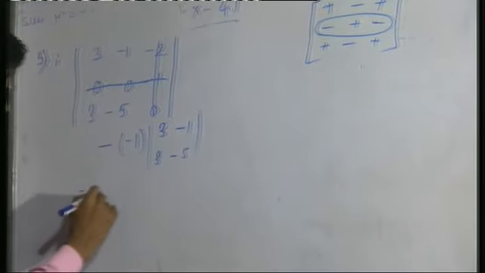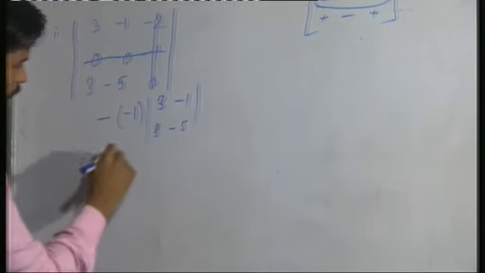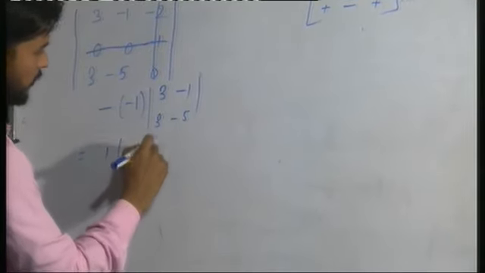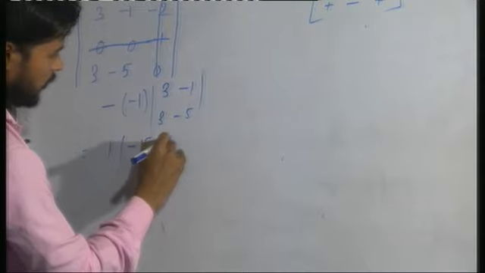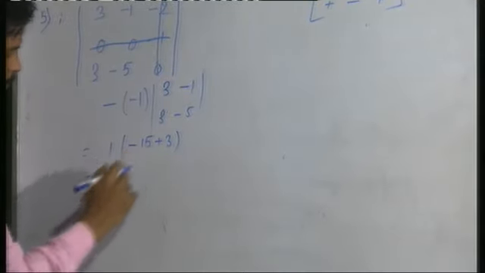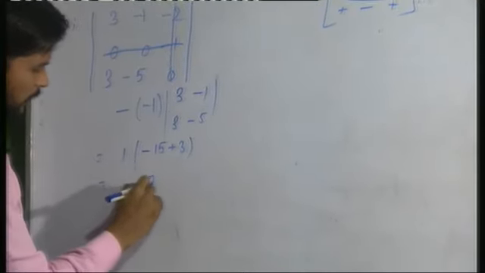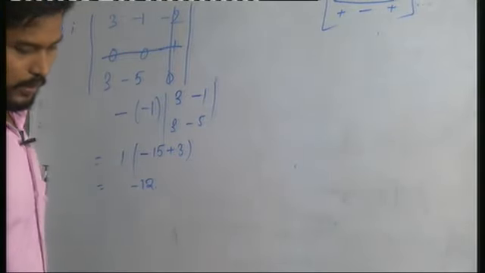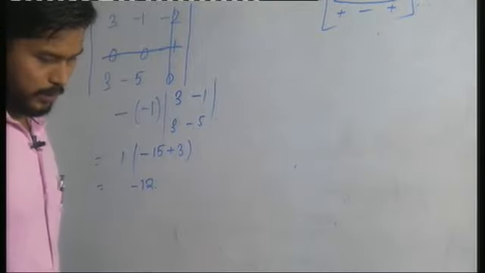So that is minus minus, a +1, into 3 fives are -15, and this is +3. So that is -15 plus 3, which is equal to -12. So -12 is the answer. Okay, you can choose another problem.